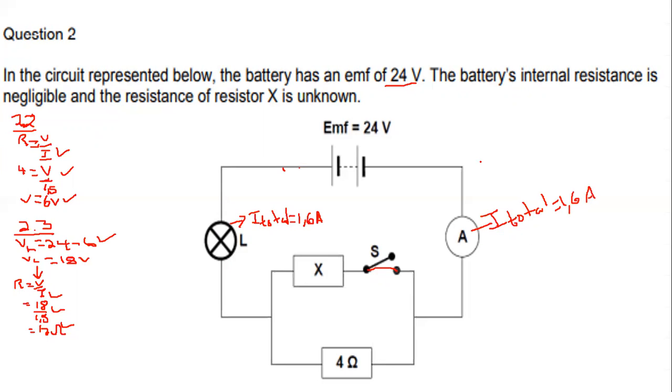Now, what we realize here, my dear learners, is that immediately when I close the switch here, there is nothing wrong with that pathway. So that pathway where you have resistor X connected is most certainly working.